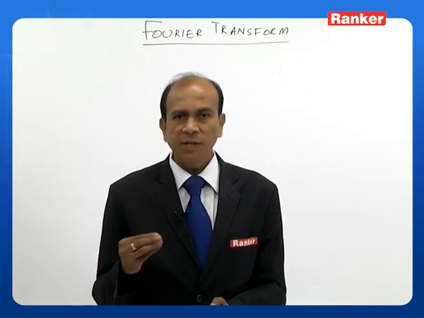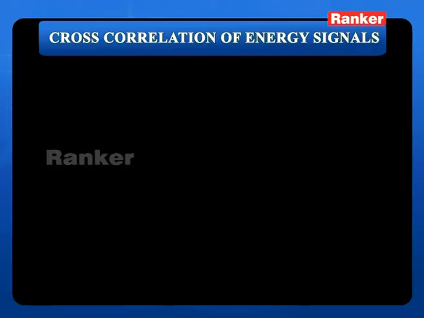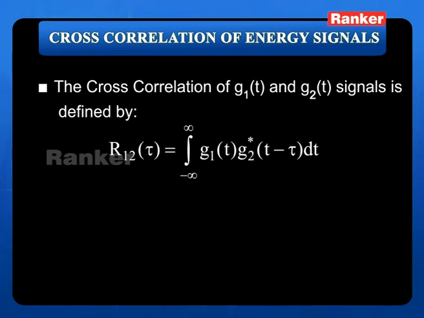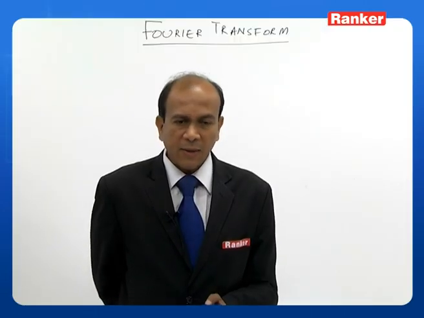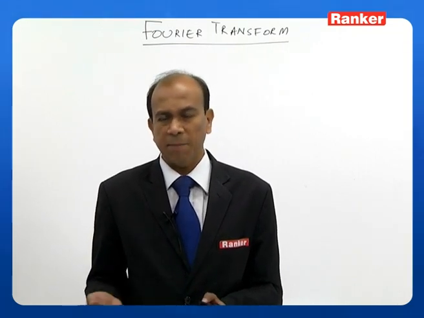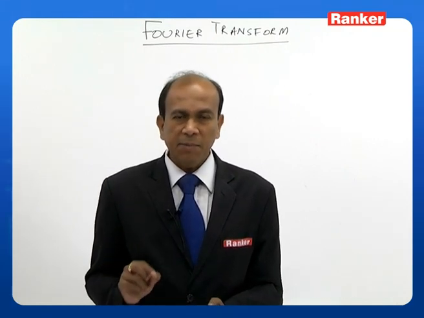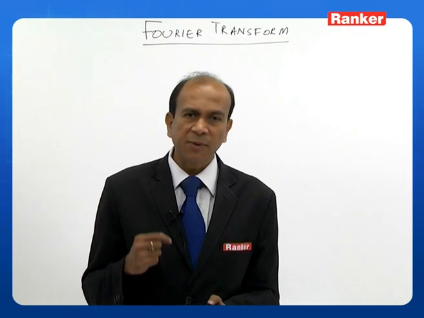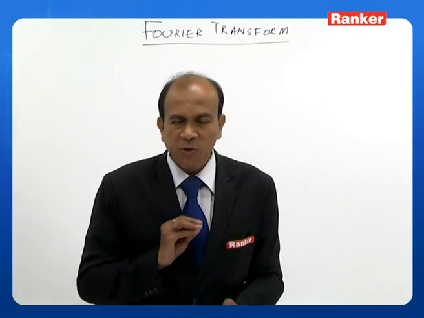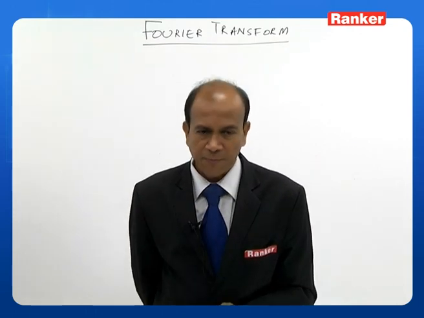The cross correlation of g1 of t and g2 of t is defined by R12 of tau equal to the integral from minus infinity to plus infinity of g1 of t into g2 star of t minus tau dt. Here R12 means g1 is not delayed, whereas g2, the second one, is delayed. So that is how you calculate the cross correlation function.